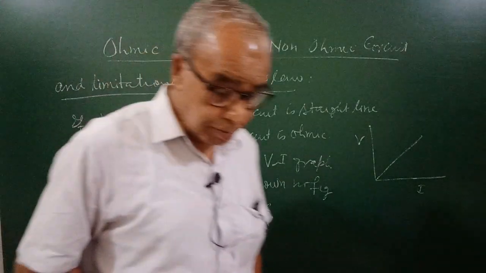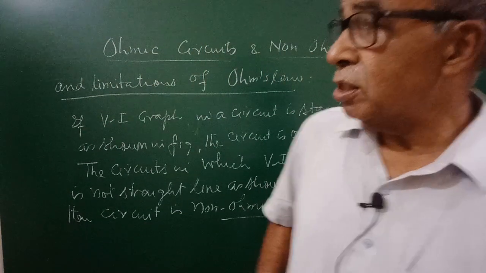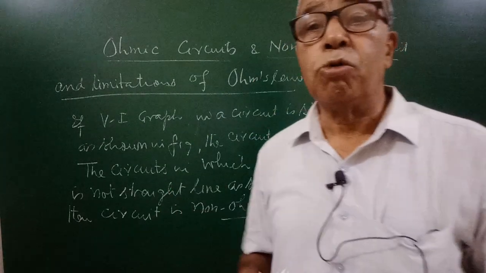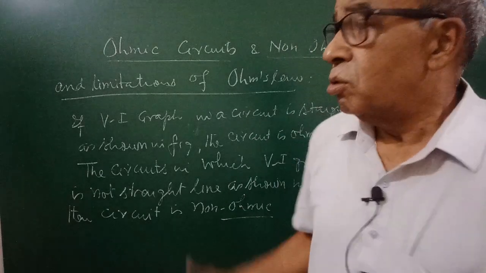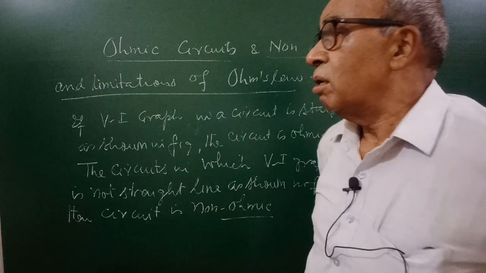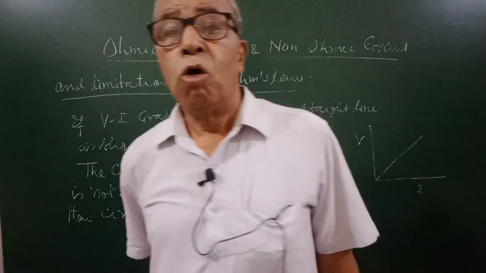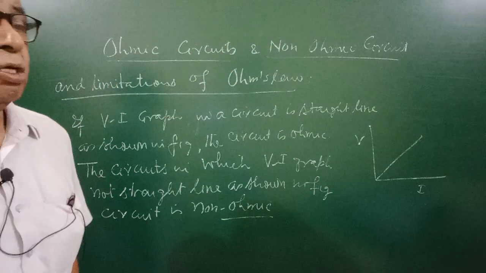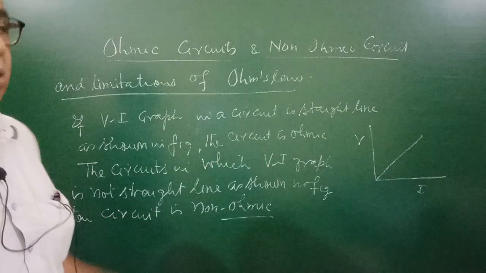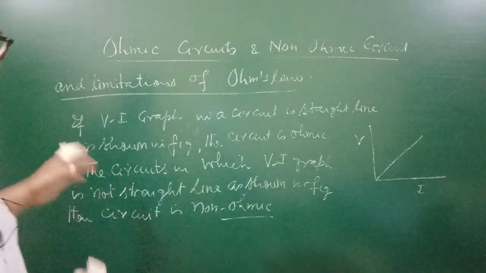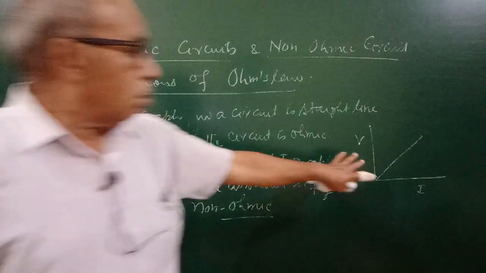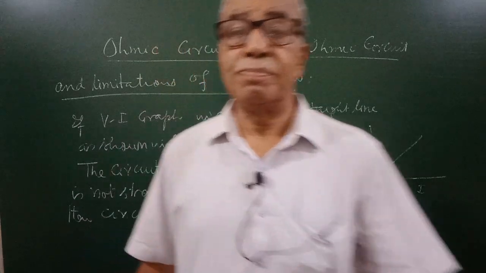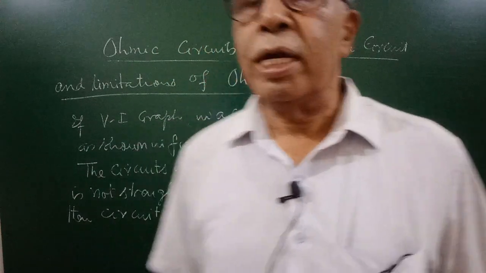Actually, dear friends, our language of communication should be so easy that we understand what we say. So I clearly mention here that electric circuits in which Ohm's law is valid, meaning the VI graph is a straight line, are called ohmic circuits. If the VI graph is a straight line, that circuit is ohmic.